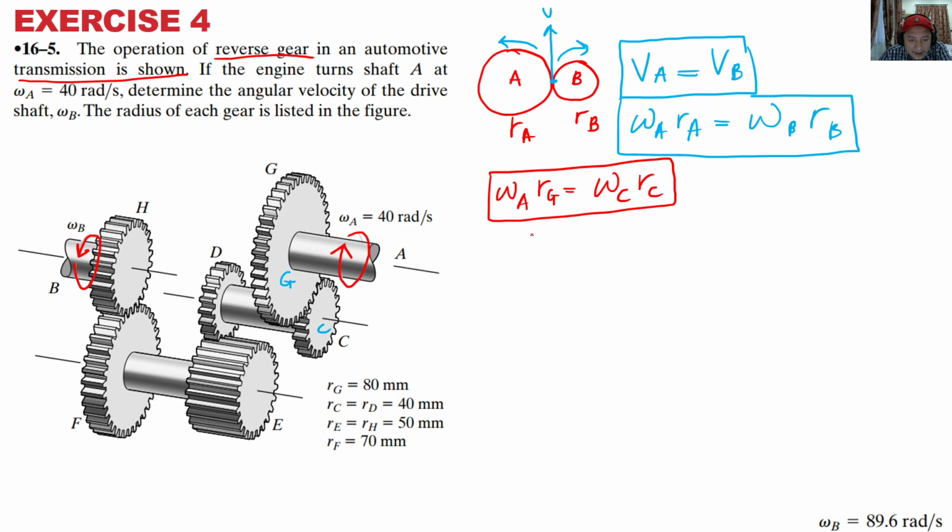Omega A is 40. Radius, oh no, not radius A, it's radius G. RG is 80 mm. Omega C, this one rotates like that, so this one will rotate like that. Omega C we don't know, but the radius for C is 40 mm.